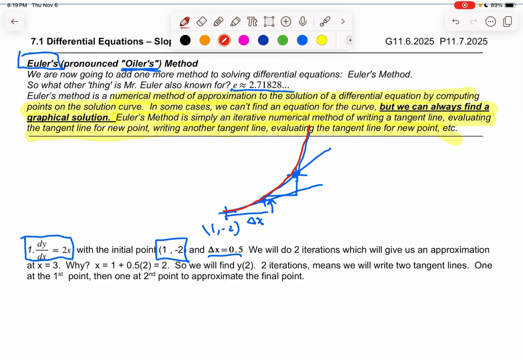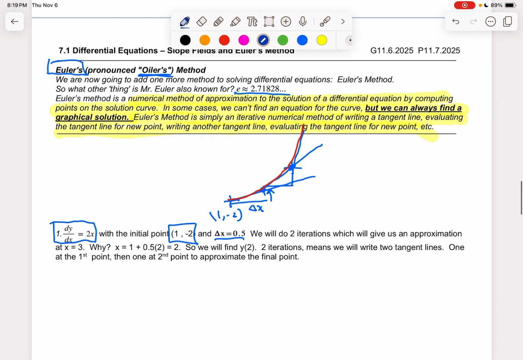I'm going to go ahead and do our first example, and we're going to do 2 iterations. Typically you'll do 2 iterations; you might at some point do 3. We have to be given a differential equation, because that's our slope at any point, an initial point, and how much we're moving to the right each time.